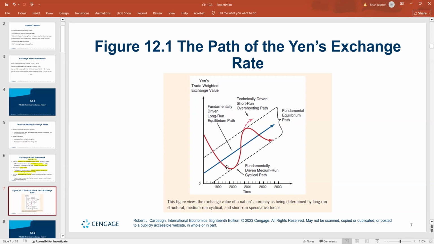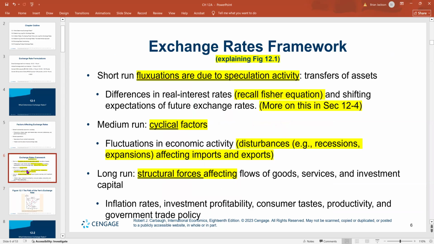So cyclical movements in the exchange rates are due to fluctuations in economic activity, primarily recessions and expansions. And those things affect imports and exports. Again, if there were a recession in the United States, that would affect imports and exports and so forth, and also asset values.